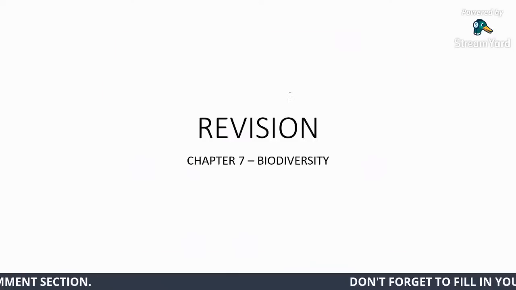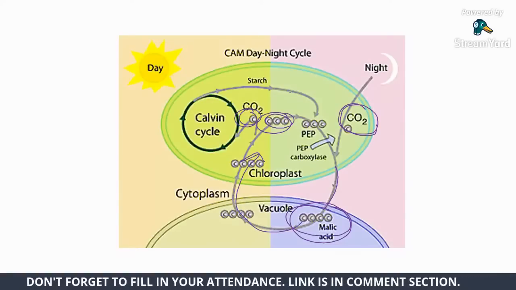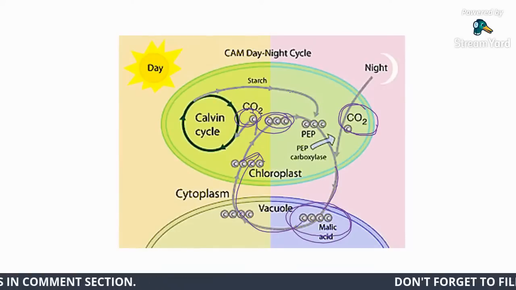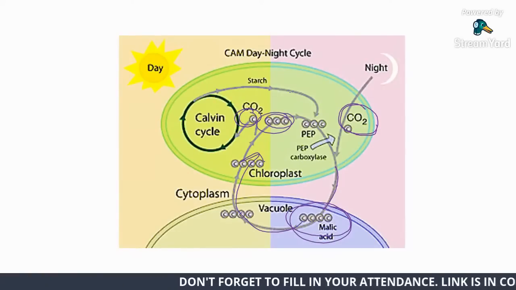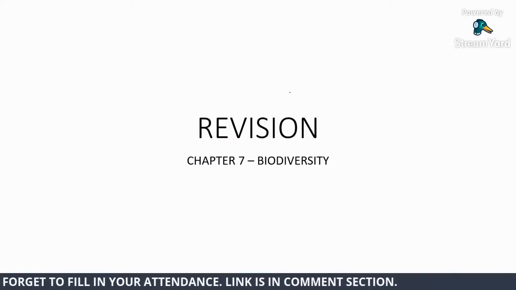But the difference between CAM plant dan juga C4 plant is CAM plant fixes CO2 at different time. However, C4 plant fixes CO2 at the same time but at different cell. Okay. So far ada soalan?